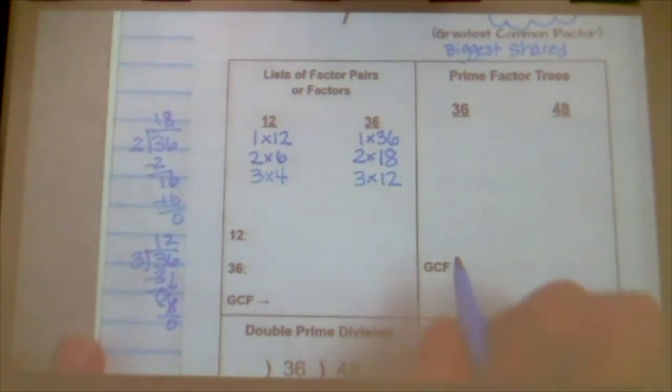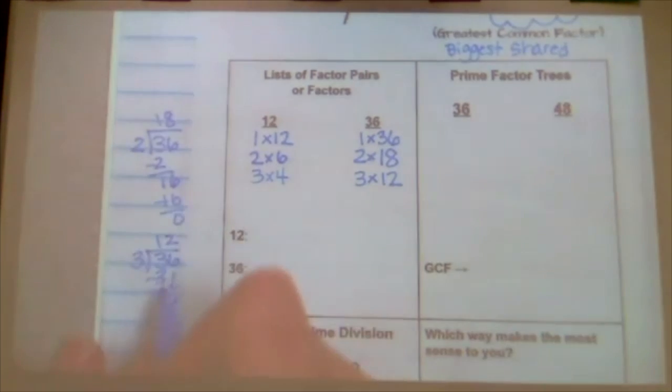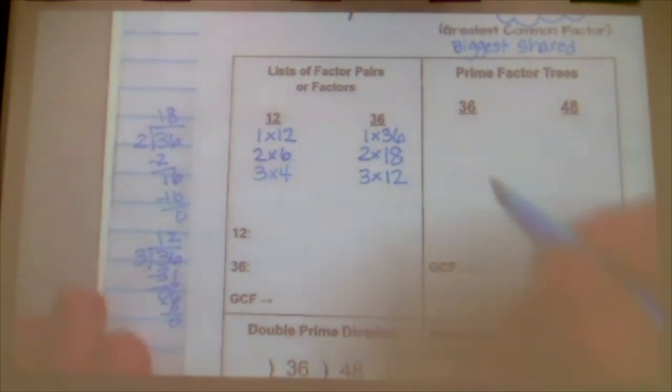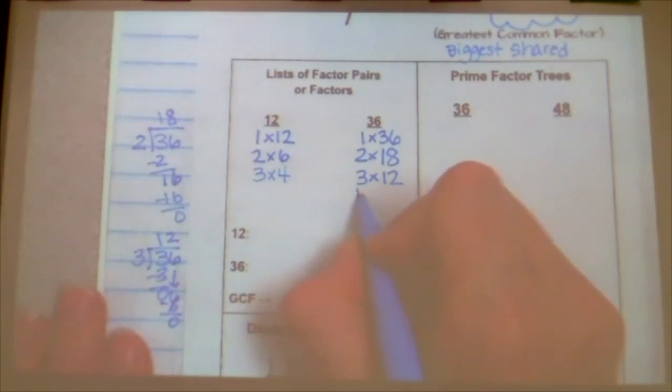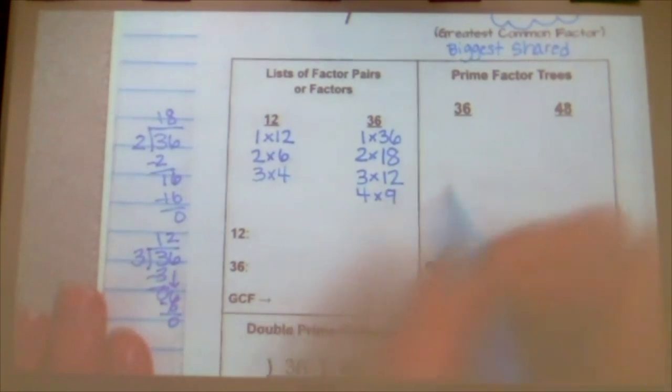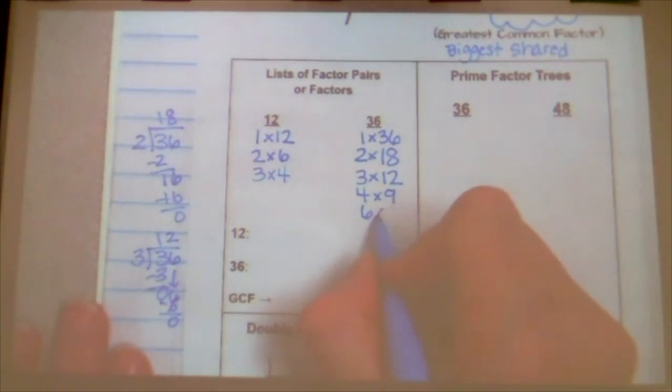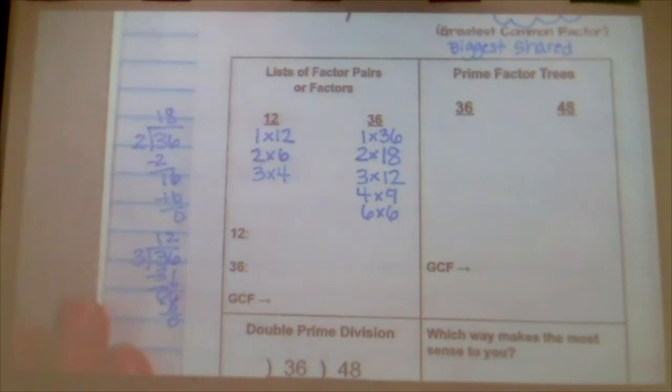A lot of you know that because you know your 12's facts. If you don't, I just showed you again how division can help us find missing multiplication factors. Okay, 4 times 9 is 36. 5 fact, there is no 5 fact, but 6 times 6 is 36, and my factor list is complete.